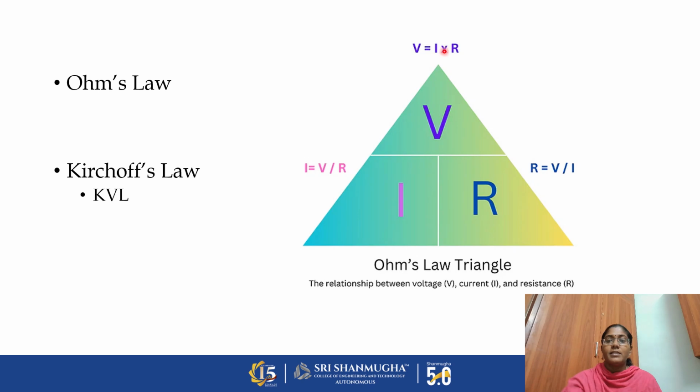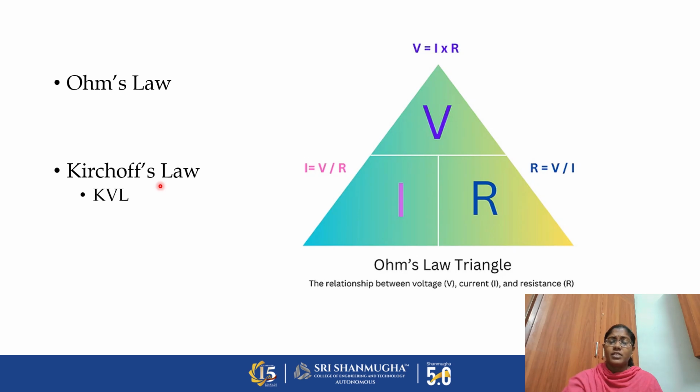That is, I is equal to V divided by R, and R is equal to V divided by I. So we can write V is equal to I into R, I is equal to V divided by R, and R is equal to V divided by I. We can remember these with the help of this Ohm's law triangle.